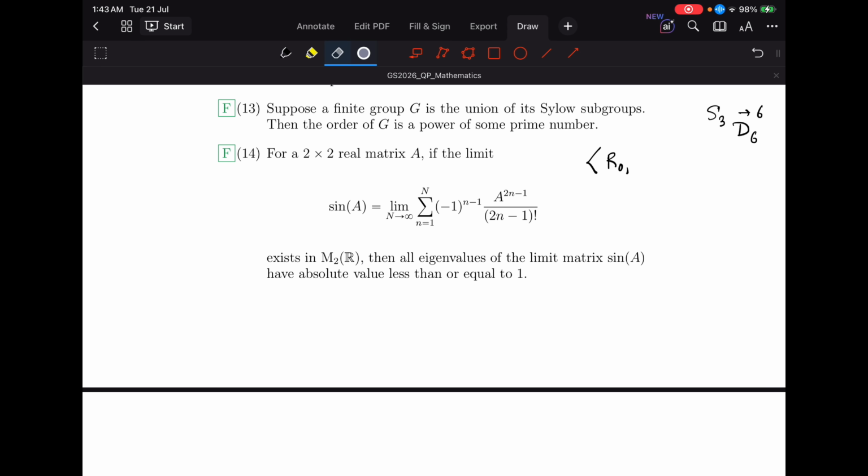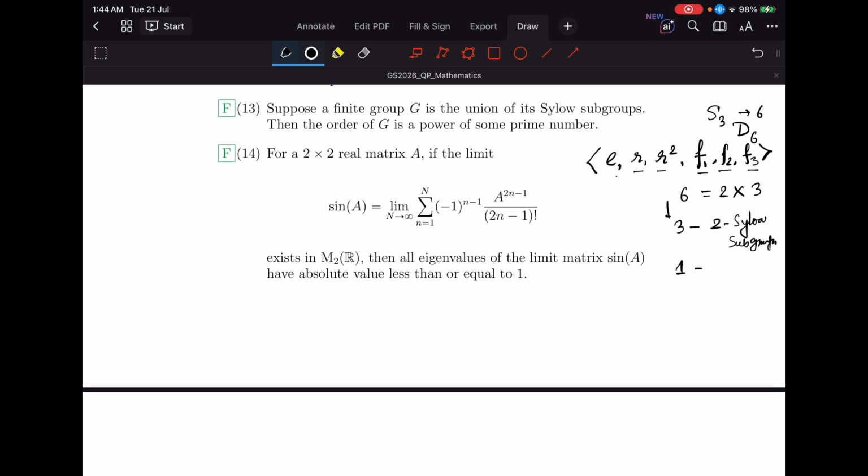The elements are E, R, R square, and reflections F1, F2, F3. So these are the collection of rotations and these are the reflections. So 6 is 2 times 3. So this has 2 Sylow subgroups and 3 Sylow subgroups.